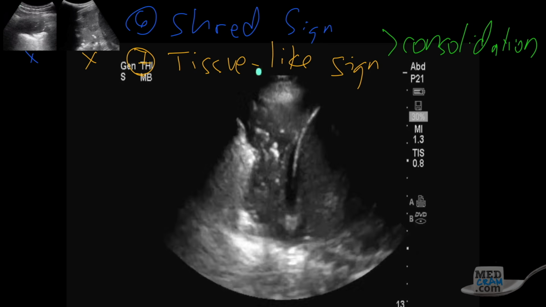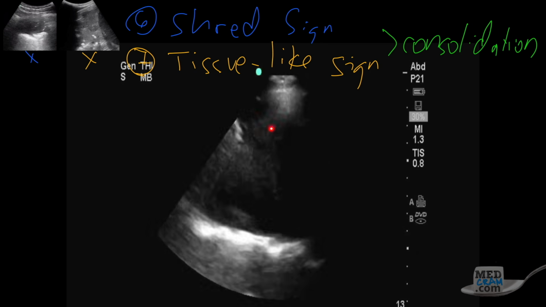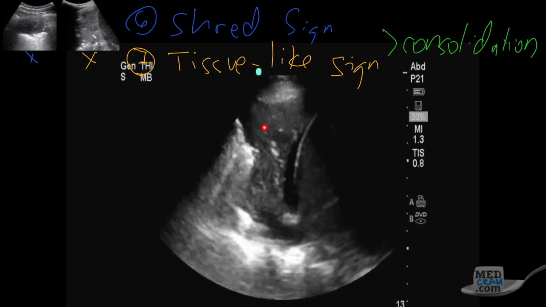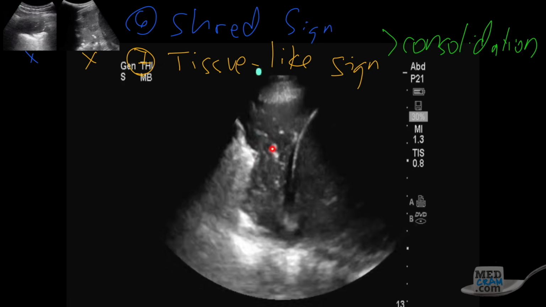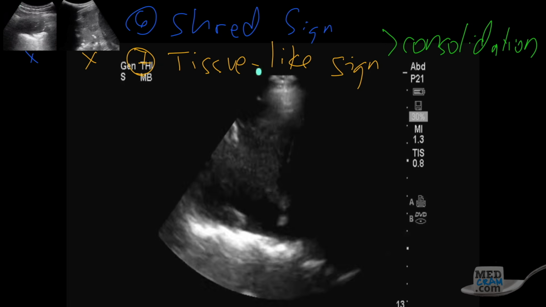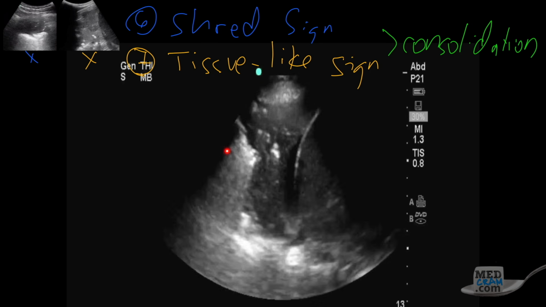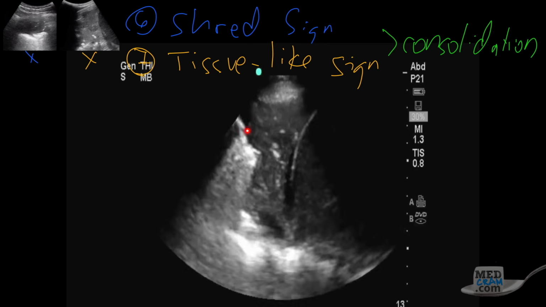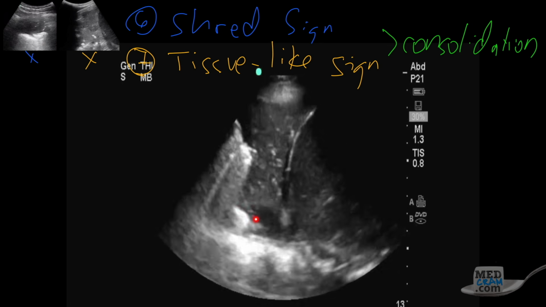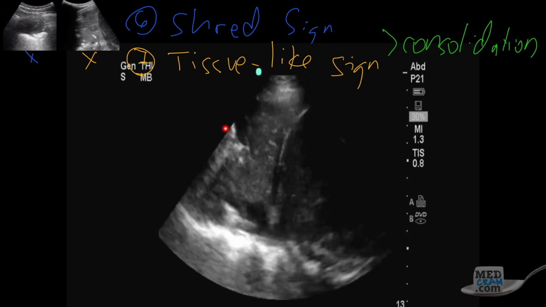So the first sign that we're talking about is the tissue-like sign, the tissue-like appearance of consolidated lung with white air bronchograms inside of it. The second is the shred sign. The shred sign is where the consolidated lung meets normal aerated lung. It creates this shredded-like line.